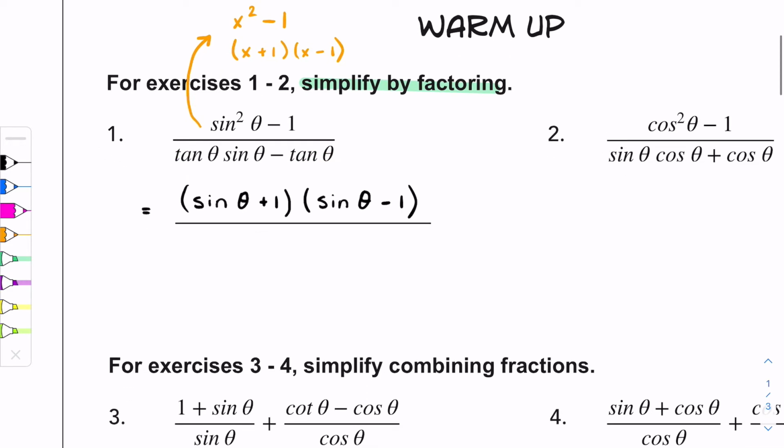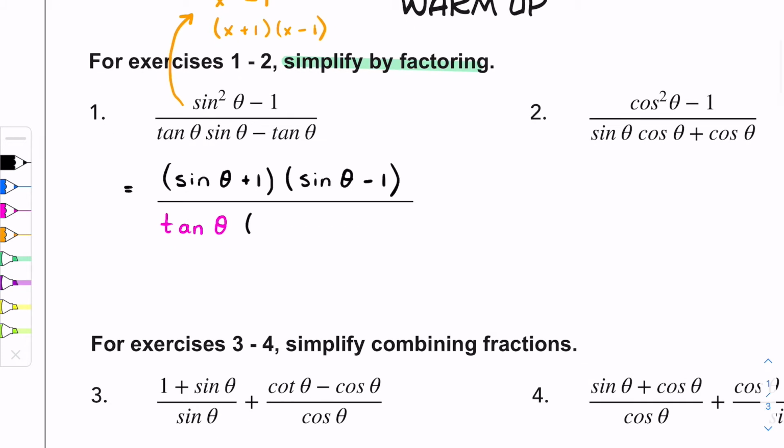When I take out tangent of theta as a GCF, left over would be sine of theta minus 1. So within each of these factors, I just divided out tangent, and I'm left with sine of theta minus 1.